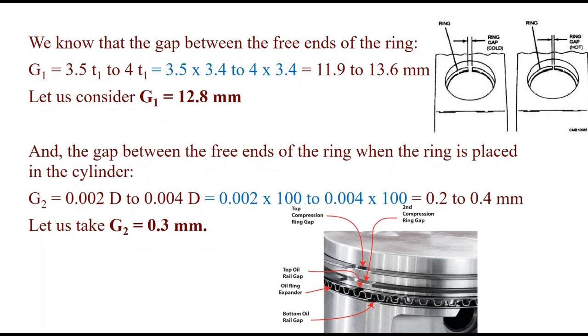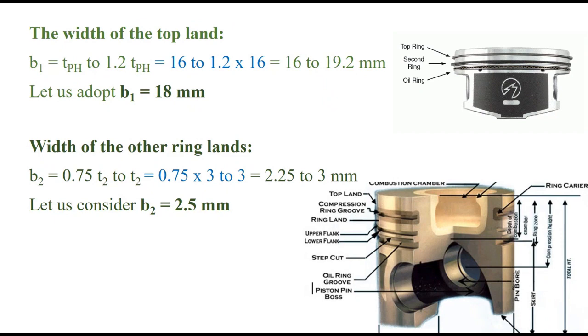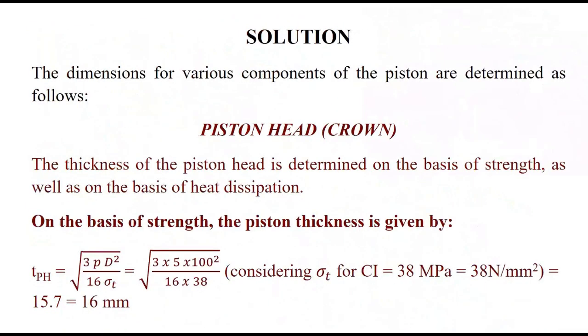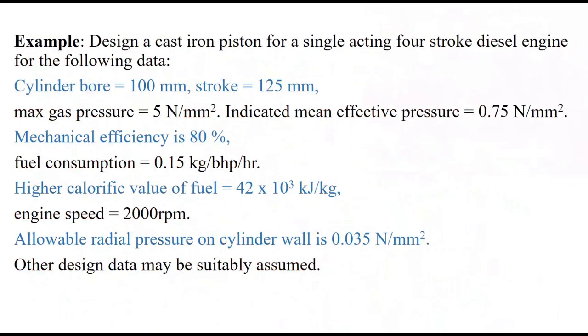So once you place it inside, it will have a small gap between the ends, 0.3 millimeter. All right, so this is one of the simplest examples to give you an idea how we design the piston based on various input values after making some suitable assumptions.